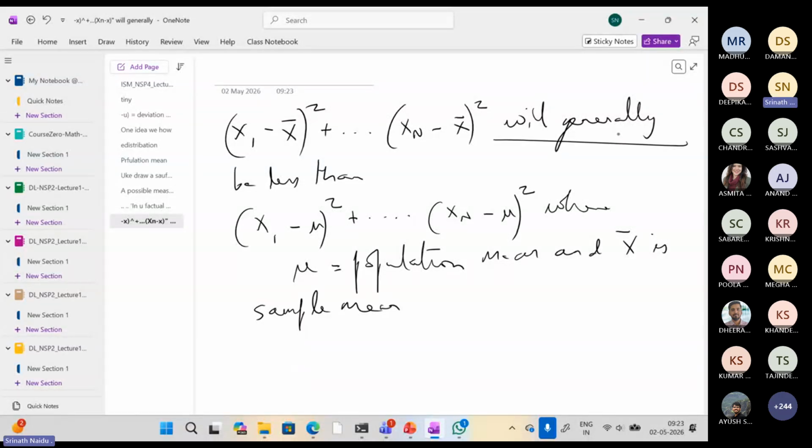Okay, this will generally be less because x bar is sitting bang in the middle of the data, whereas mu has no such restriction, right?